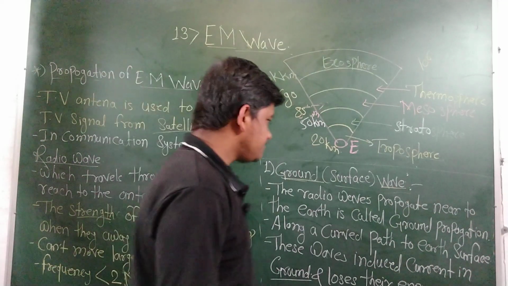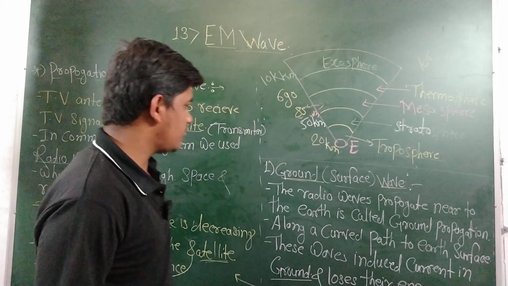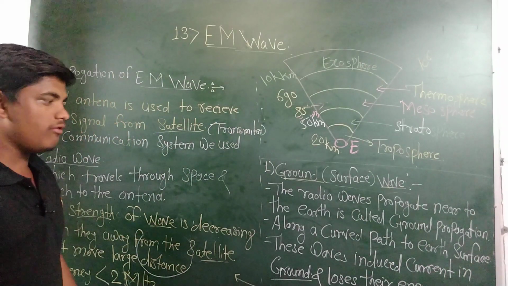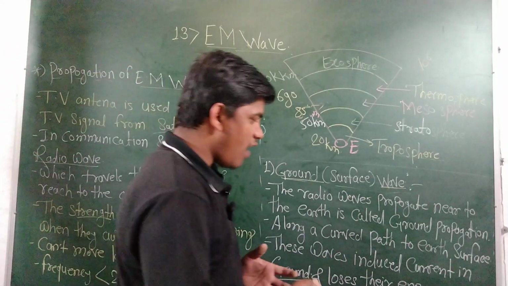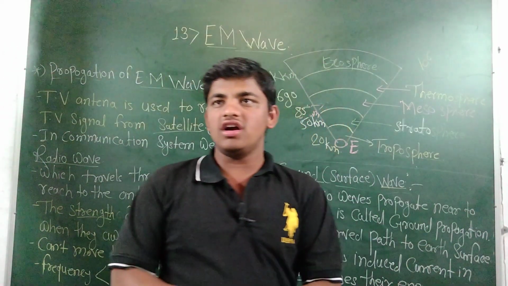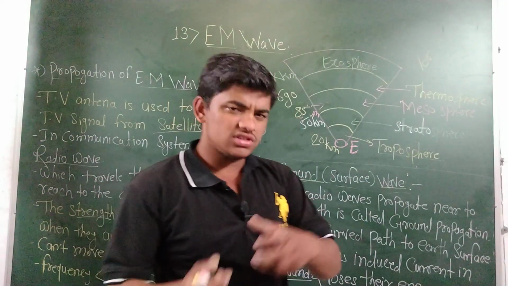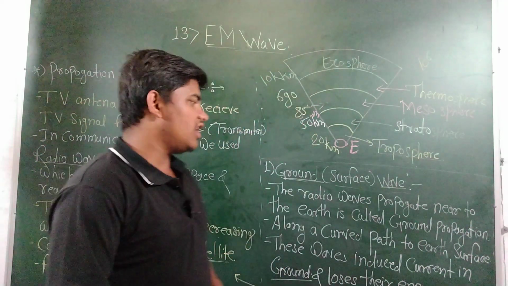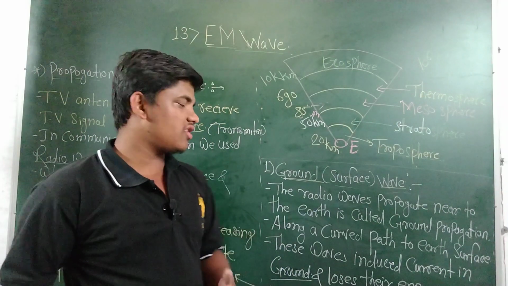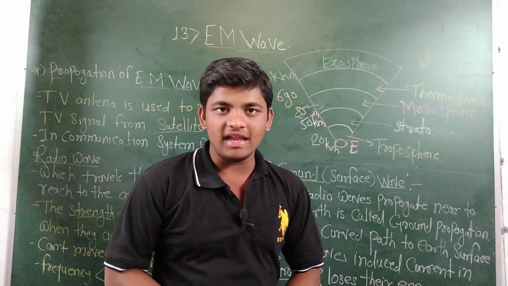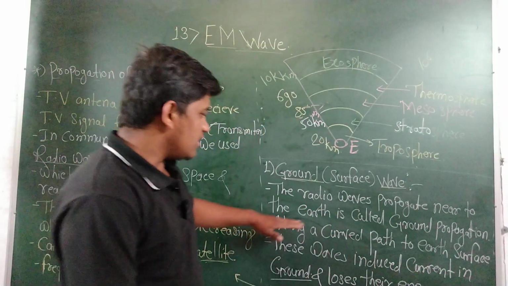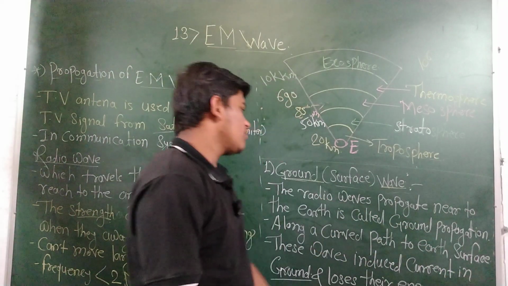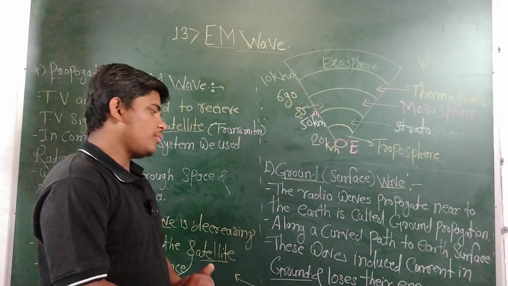After that we discussed the first type of wave propagation, that is ground wave propagation. Radio waves which travel closer to the earth's surface from a transmitter to the receiving antenna are called ground wave propagation or surface wave propagation.